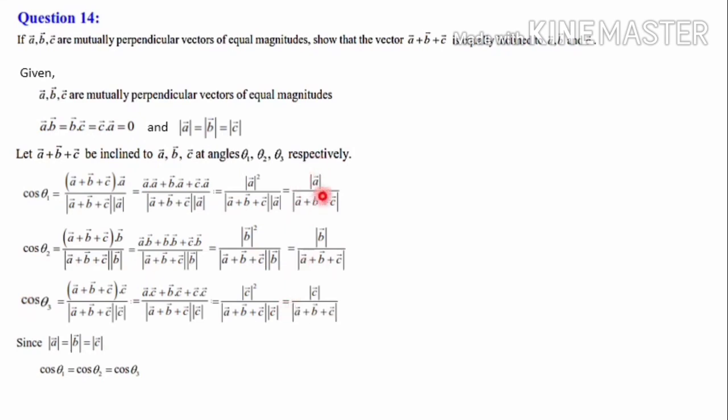But for the numerators, by using the given condition, that is modulus of vector A equal to modulus of vector B equal to modulus of vector C, we can make these numerators also equal. So in cos theta 1, cos theta 2 and cos theta 3, numerator and denominators are equal. That means the fraction itself is equal. So we can say that cos theta 1 equal to cos theta 2 equal to cos theta 3. So theta 1 is equal to theta 2 is equal to theta 3.